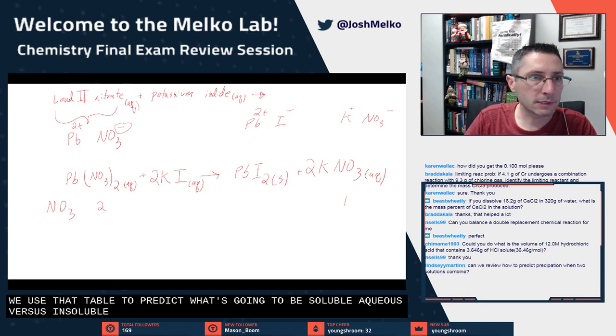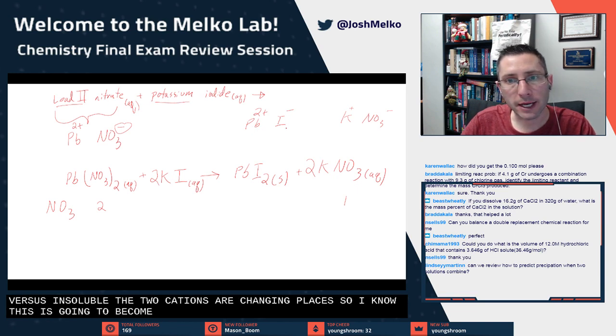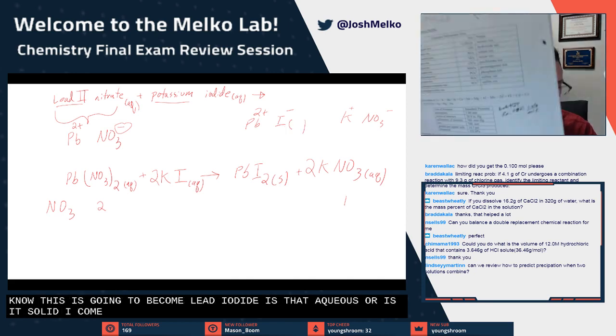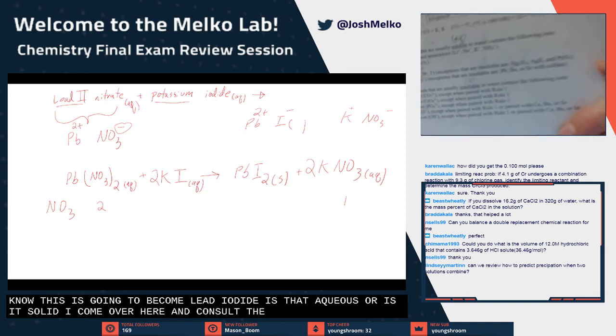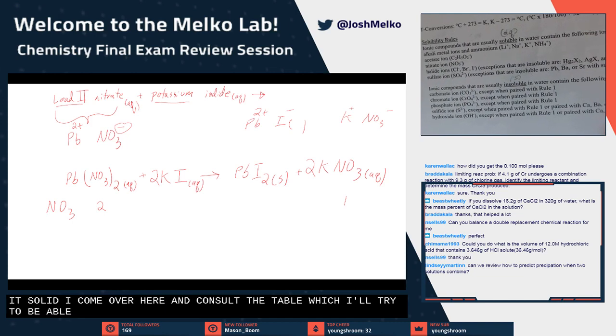So if this is double replacement, I know the lead and the potassium, the two cations, are changing places. So I know this is going to become lead iodide. Is that aqueous or is it solid? I consult the table.